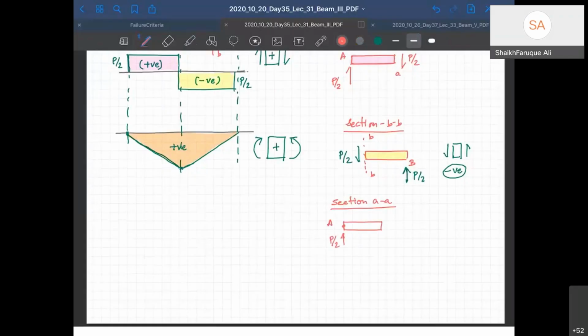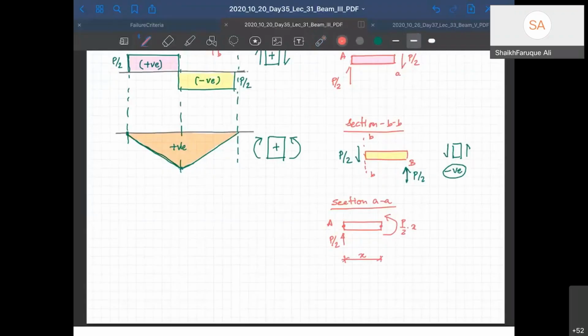So what will be the moment here to balance it? From this point, if you take this moment, it is going to be like this, right? To balance it, there has to be a counterclockwise moment that will act here. So its free body diagram is going to look like P by 2 into x, if this is x.